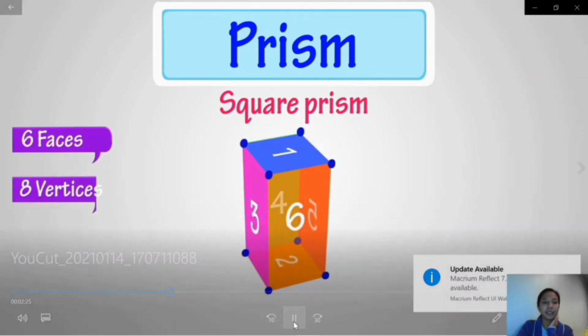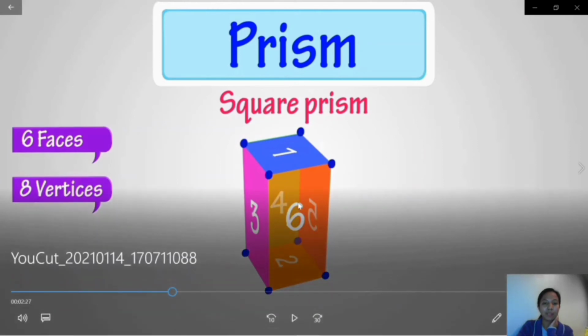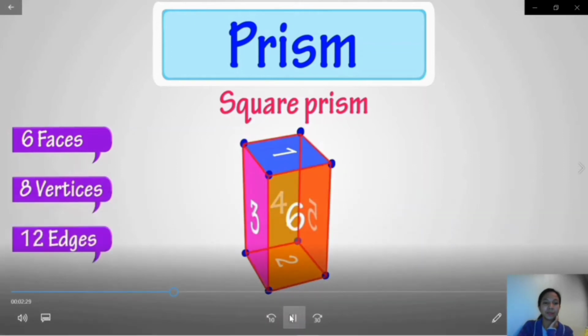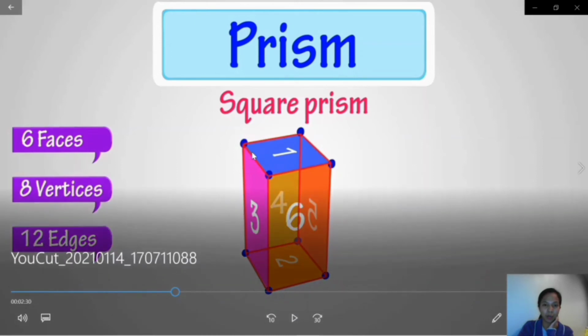It has six faces: 1, 2, 3, 4, 5, 6. 8 vertices: 1, 2, 3, 4, 5, 6, 7, 8. And how many edges? 12 edges: 1, 2, 3, 4, 5, 6, 7, 8, 9, 10, 11, 12.